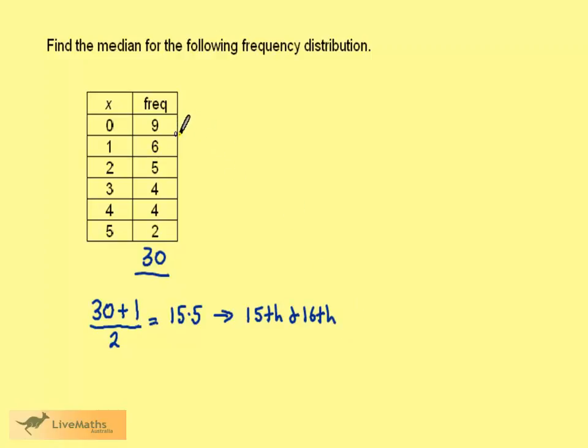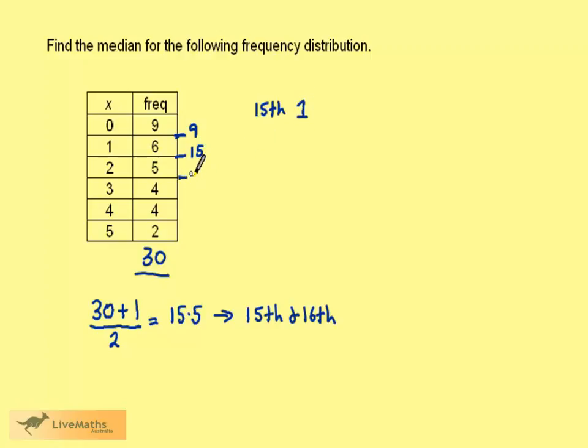So let's look at the data. We have 9 zeros. So when I've looked at all the zeros, I've looked at 9 pieces of data. I then move on to the ones. There's 6 of those. 9 and 6 is 15. It follows that the 15th piece of data has to be a 1. It's the last of the ones.